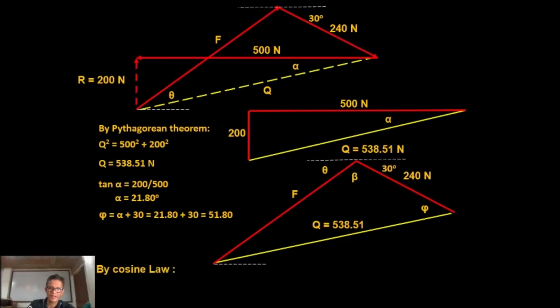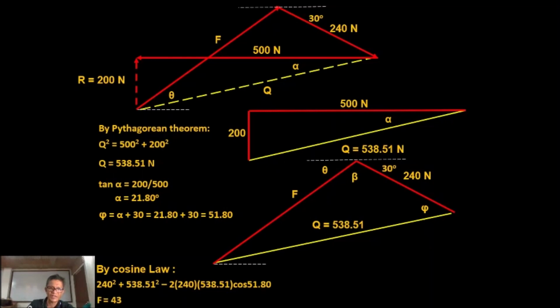Then what do we have? The 240, the Q, and the phi. So now we can solve for F. The solution of an oblique triangle to solve for F is by cosine law. By cosine law, F squared is equal to 240 squared plus 538.51 squared minus 2 times 240 multiplied by 538.51 cosine of phi, where phi is 51.80 degrees.